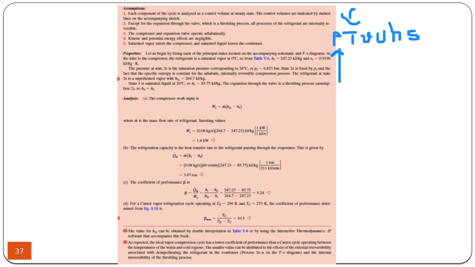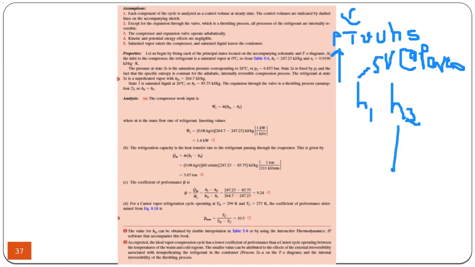So up to now you have H1, H2. H1 is saturated vapor at evaporator pressure. H2 is obtained from S2 and condenser pressure.